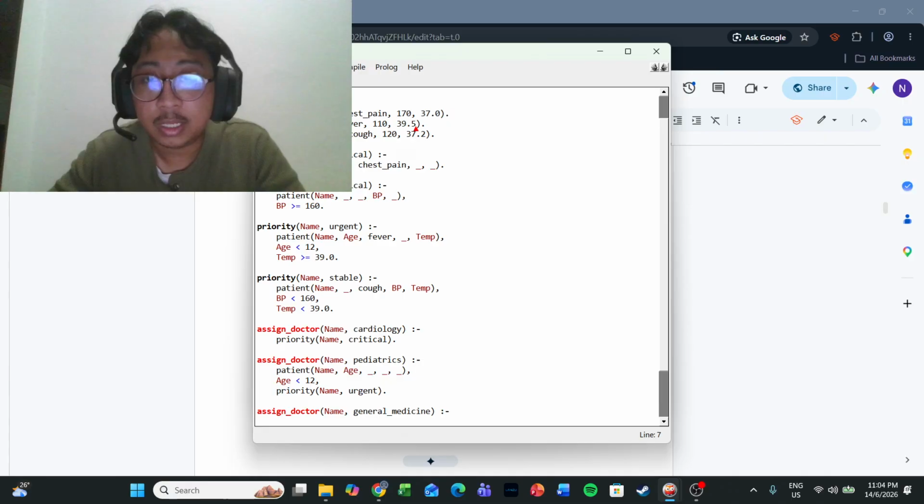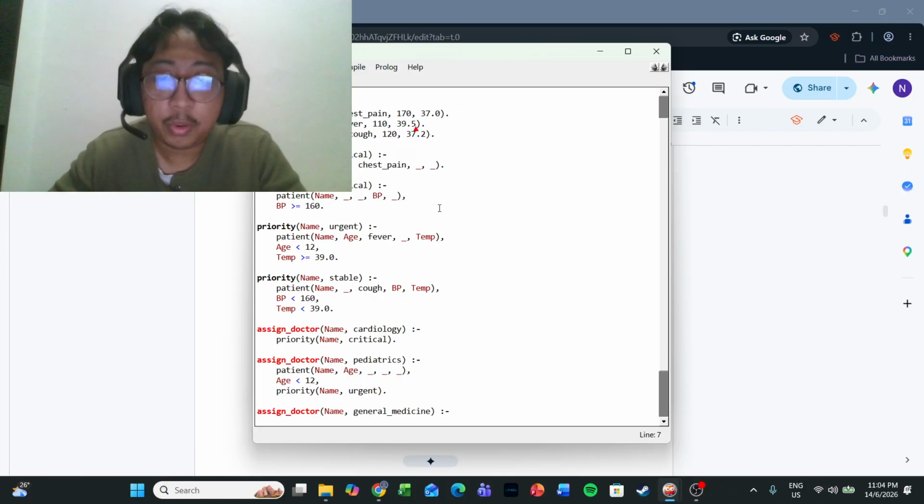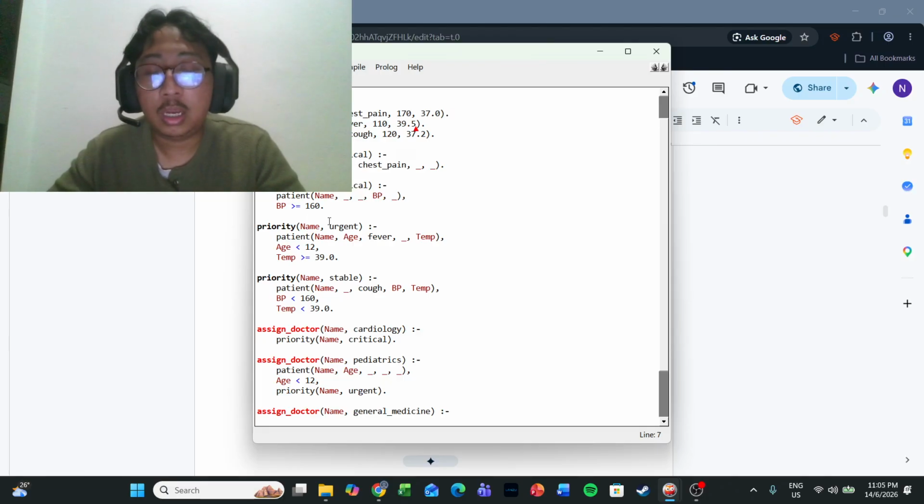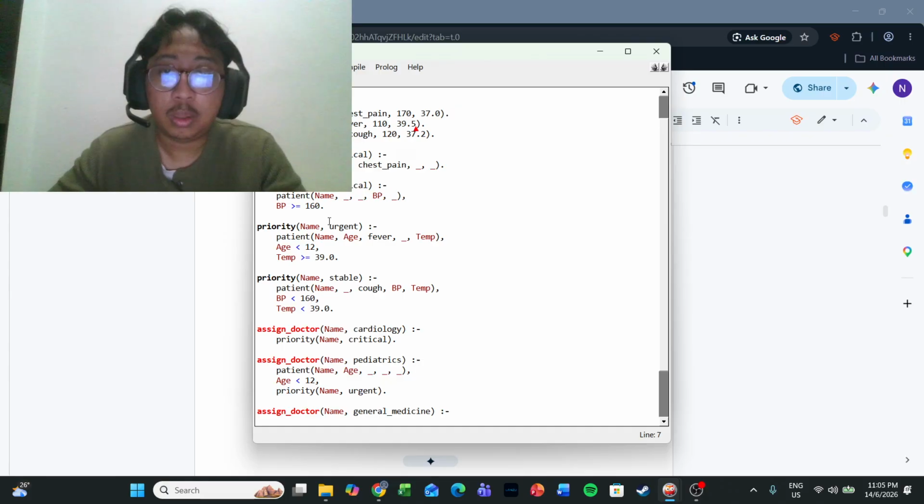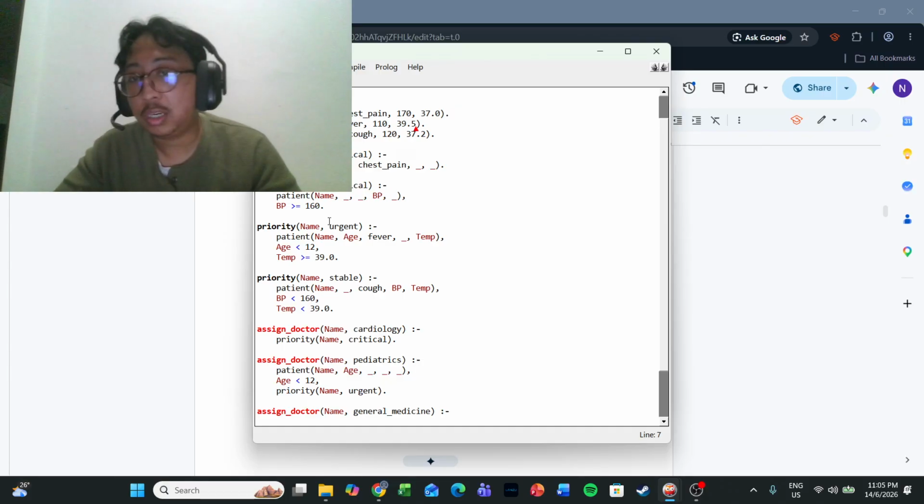You can see Ahmed is 30 and he has a cough, he doesn't have chest pain or fever, and his blood pressure is not above 160. Even his temperature is below 39, so it's not above 39.